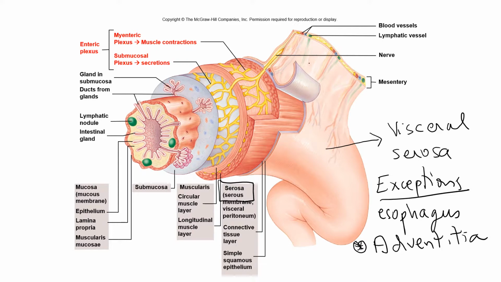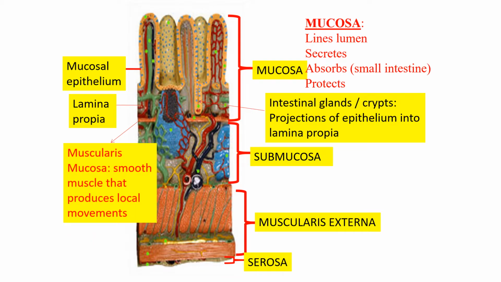The visceral serosa acts as a passageway for blood vessels and nerves. This model represents the histological layers of the GI tract, specifically those of the small intestine.